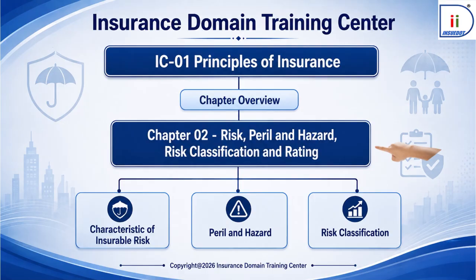For easier understanding, we have divided this chapter into 3 sections. The first section covers characteristics of insurable risk. The second section explains peril and hazard. The third section focuses on risk classification. Let's begin with the first section, characteristics of insurable risk, and see what it covers.